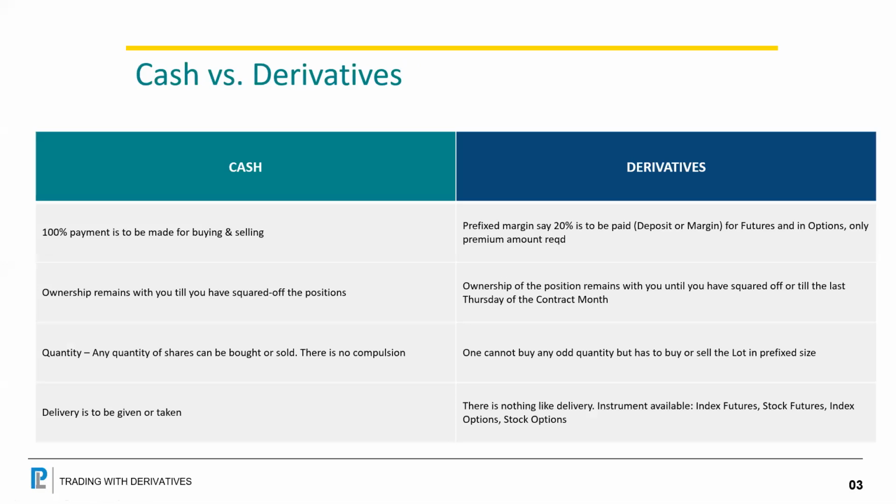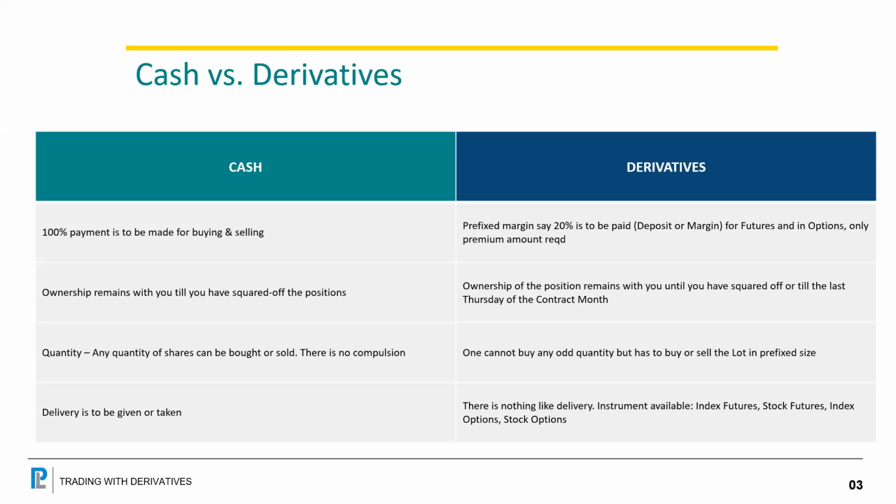When you are dealing in the cash market, you need 100% payment for buying any stock. If you're buying one stock, you need 100% payment. If you're buying 1,000 shares, then also you need 100% payment. But in derivatives, you don't need that. In derivatives, you need only 20% of the entire margin that was supposed to be used in cash to participate in the market.